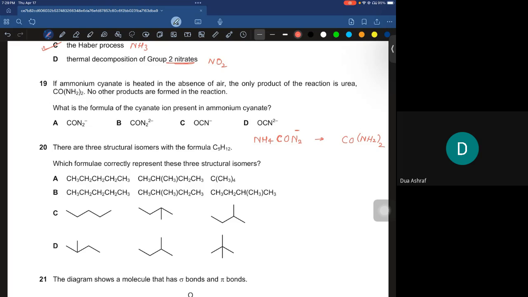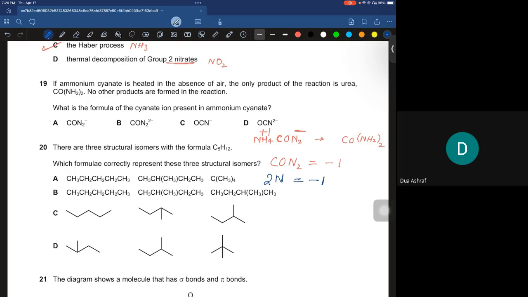You know ammonium is plus 1, so CON2 is equal to minus 1. You can find out the value for N. 2N is equal to minus 1.